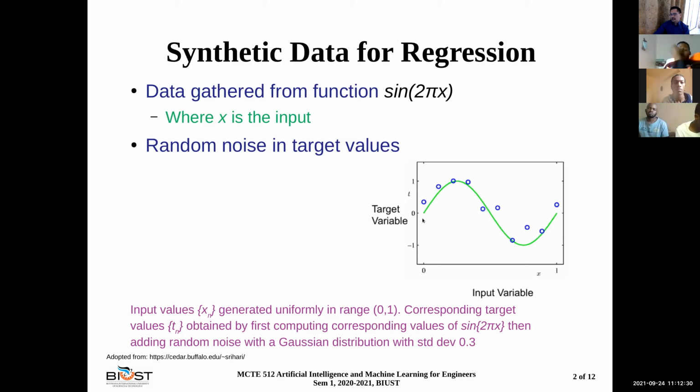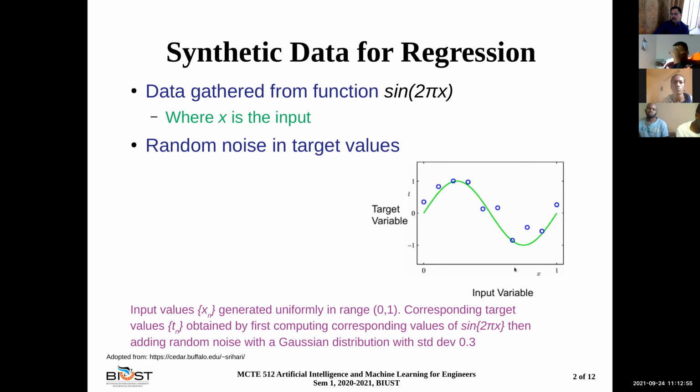And this function here is some estimation. We don't know if it's a good estimation, but it is some estimation of this data, and the function that gives an estimate of those points is the sine function 2 pi x.